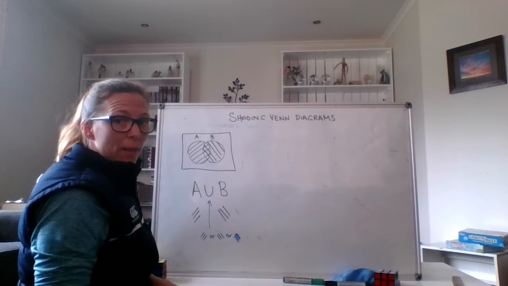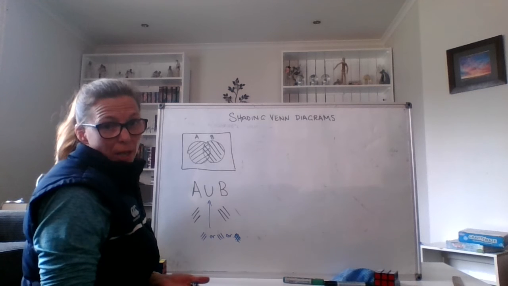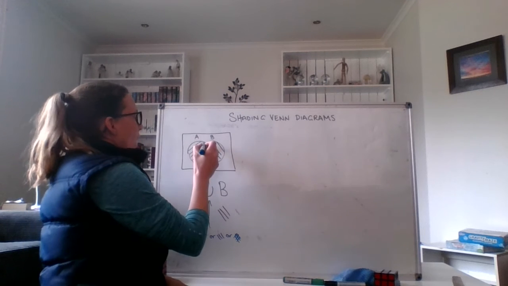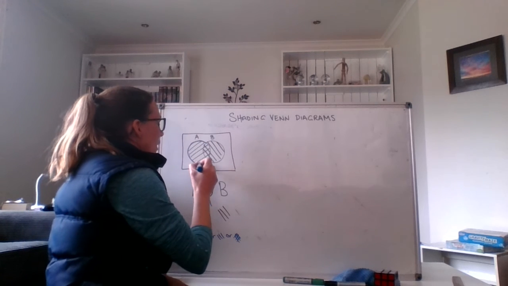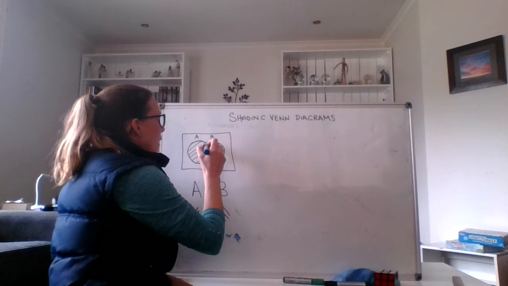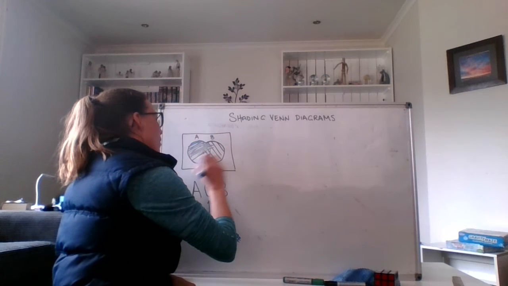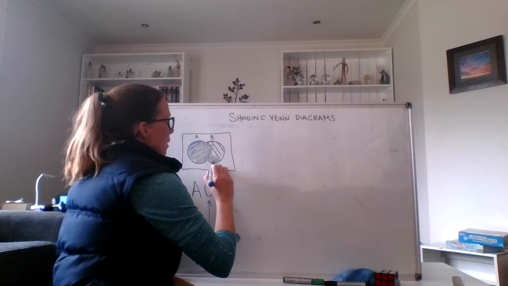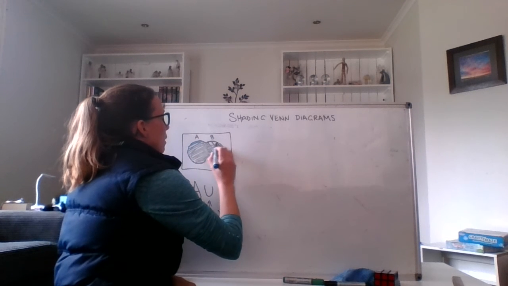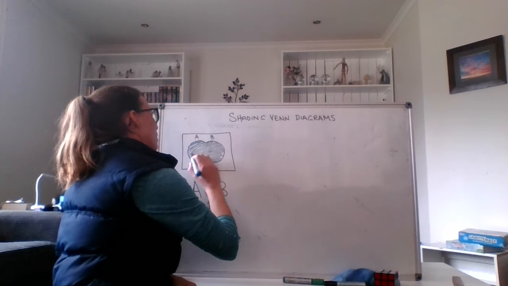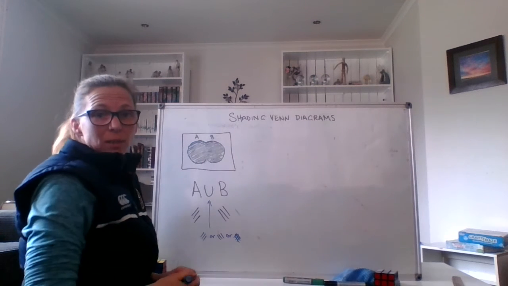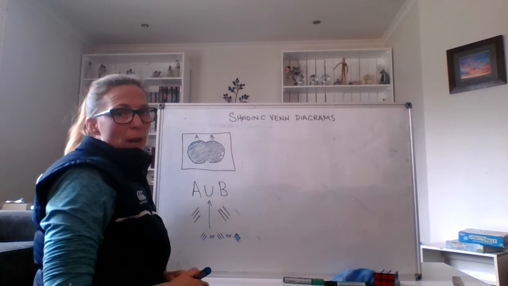So anywhere that I can see any shading, basically. So I can see shading here, here, here, here, and therefore the area I'm interested in is that solid area inside there, anywhere where I could see shading.